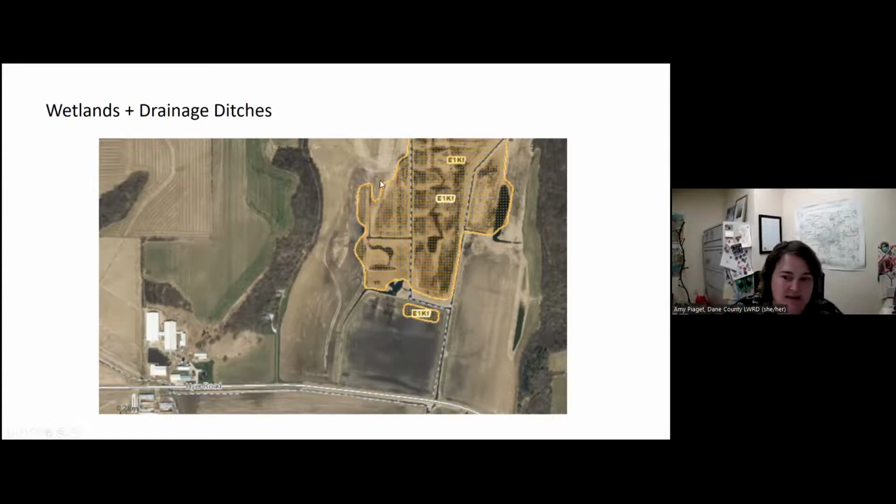So these sites get kind of complicated when you're out there looking at them, because when you look at this channel through here compared to this channel, they're going to look exactly the same. But when you go back to your resources and map resources, there are going to be nuances where you have to look at the definitions and see which definition applies where. So in this case, waters of the state are these dotted blue lines.